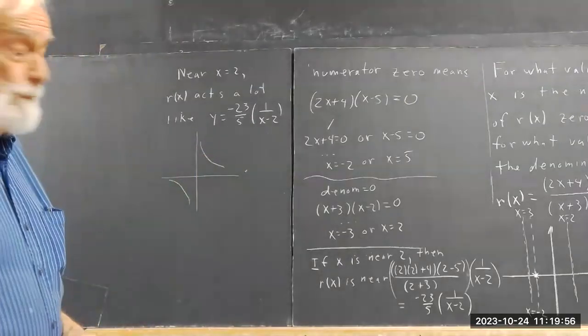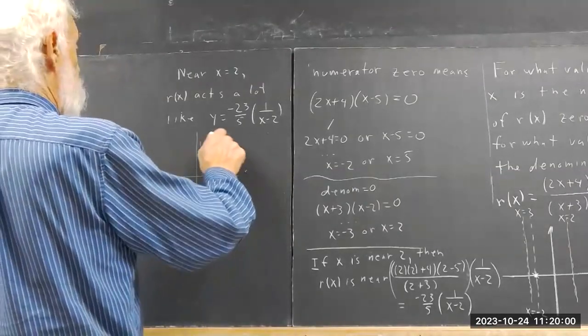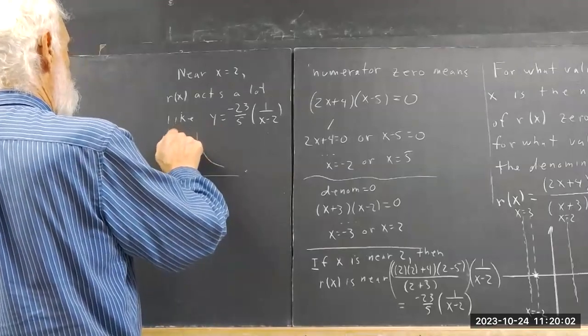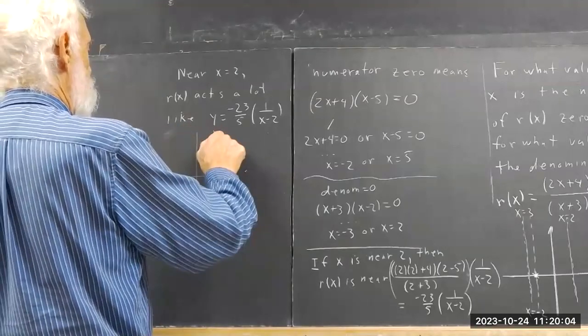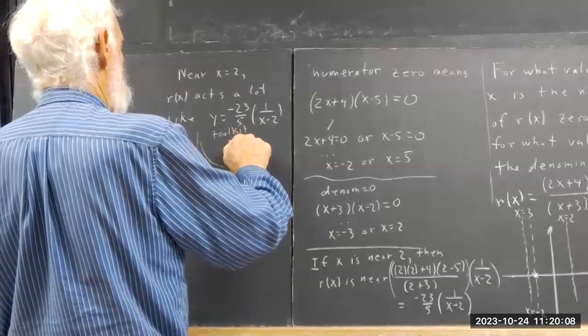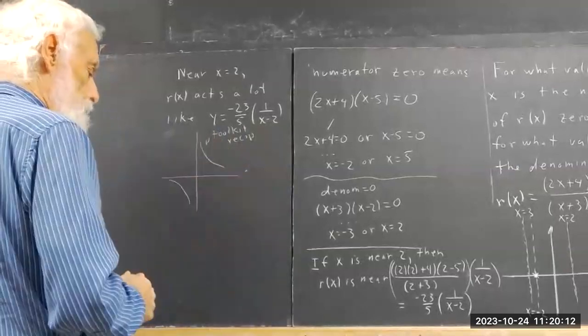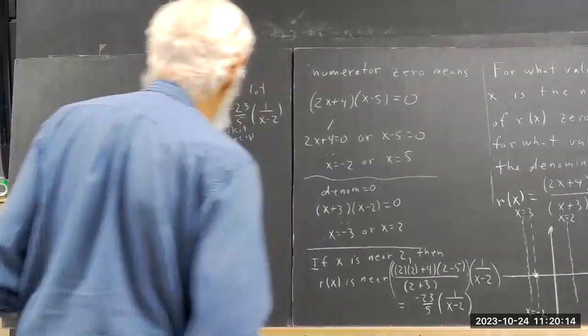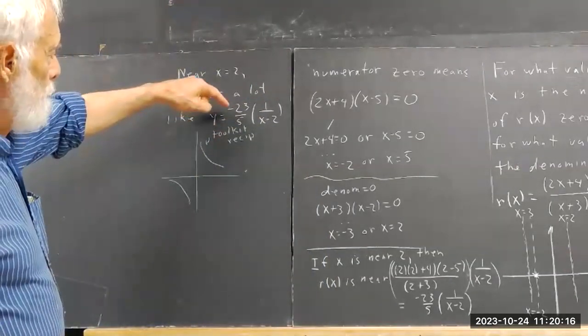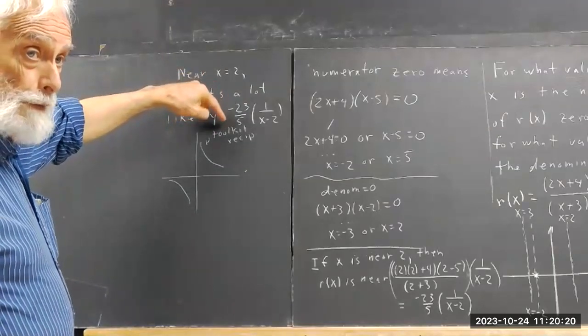Okay. So here's your toolkit reciprocal function, and you multiply it by -23/5. You vertically stretch it by a factor of -23/5.